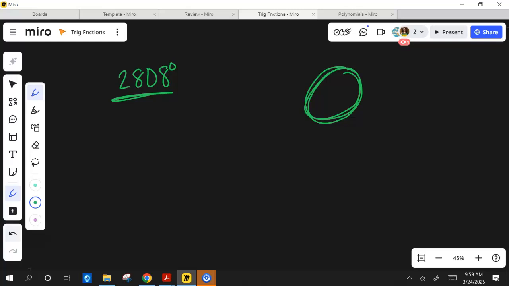How far, if a rider is seated 8 feet from the center? So what does that tell me? The radius, right? Here's my rider. From the center is 8 feet. So my radius is 8 feet. This, of course, is my theta.